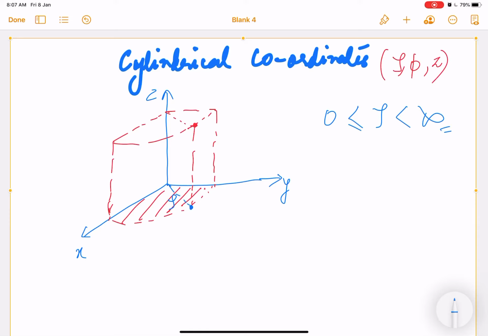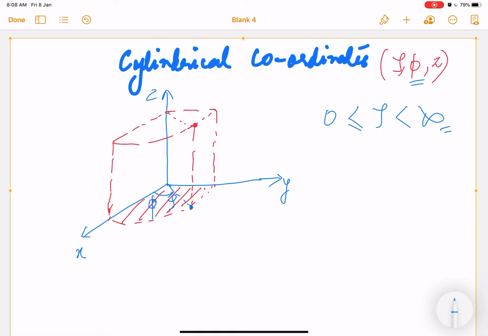Then the next thing that we define is phi. Phi basically is the angle that we make from the x-axis up to my rho. This is phi. Just remember that from the x-axis we start to measure this phi.